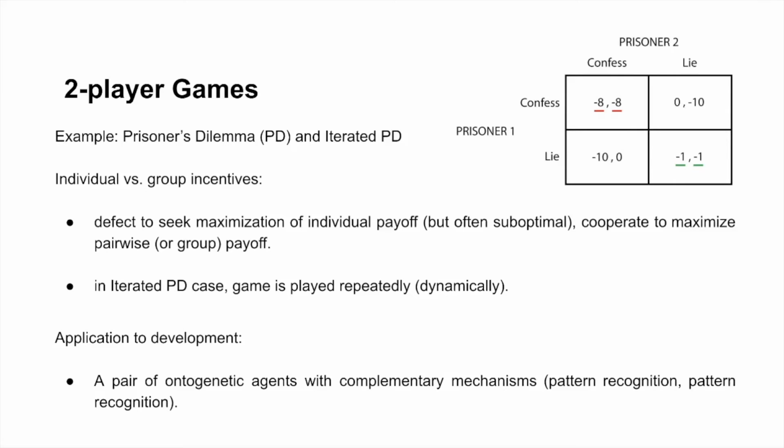So, in the case of the ontogenetic agents, they might not cooperate. They might end up, individually, benefiting in the short term, but the entire colony might die out as a consequence of that. So that's what I mean by suboptimal. In the case of the first mover games, of course, this does not apply, but this is specific to this type of game.